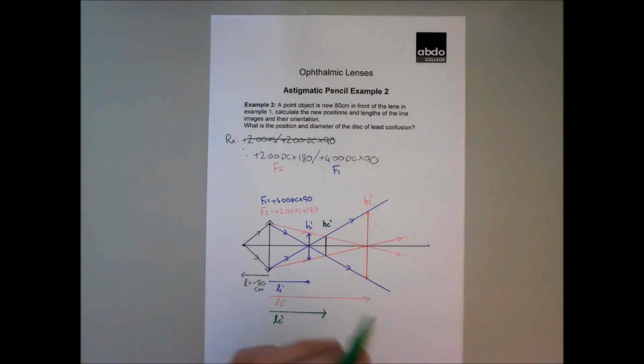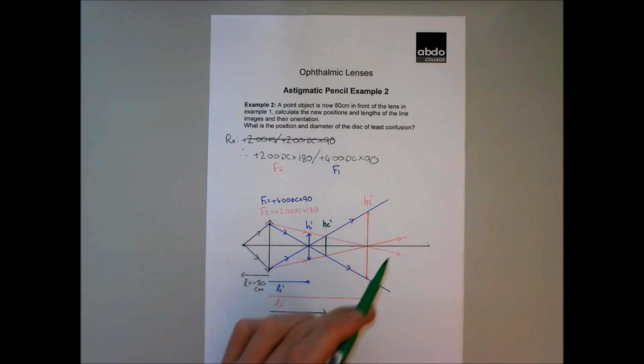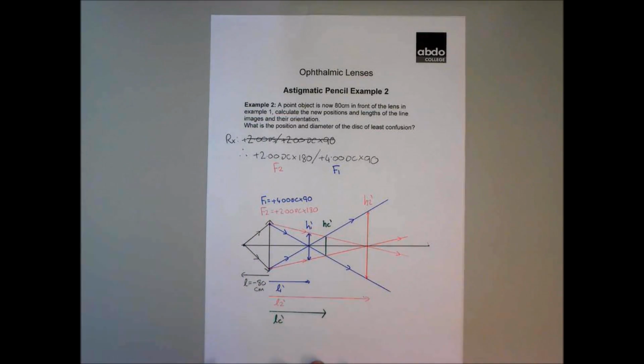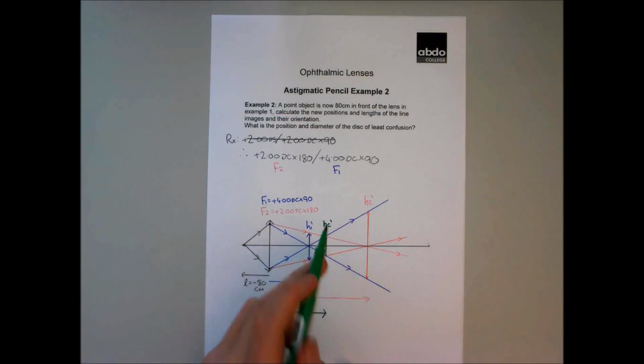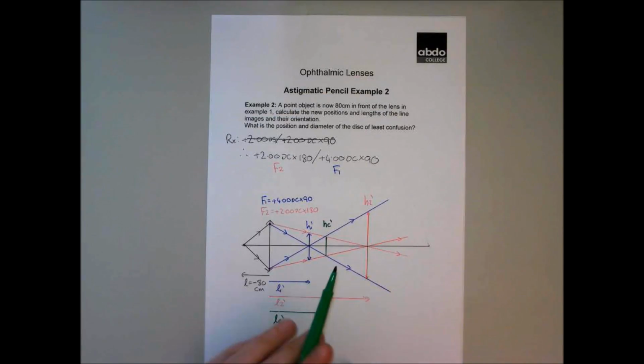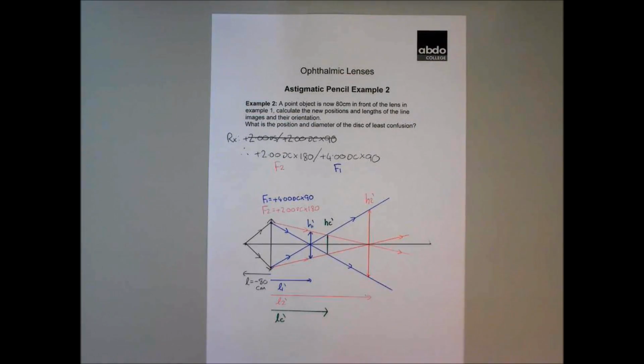Once we've got all the details for those line images, where they are, how big they are, and what their orientation is, we're going to look at our disc of least confusion, and find its position and its diameter. So that is the plan moving forward from here.